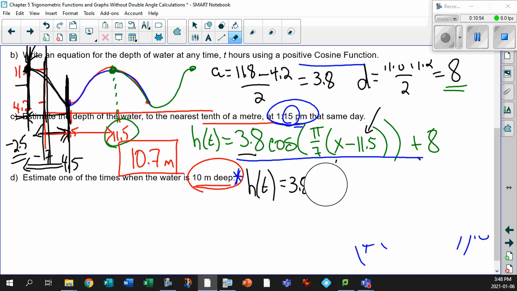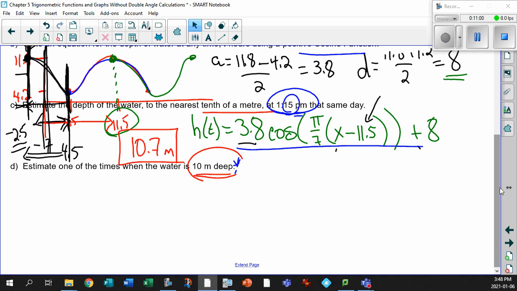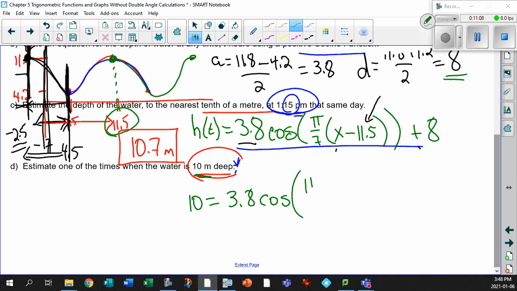Let's take this original question here. Remember, you've got a depth now. Your depth being, it says 10 meters. So your depth is 10 meters. There's your 3.8. There's your cos of your pi over 7, x minus 11.5, right? Boom, plus 8. Let's start solving this. Subtract 8 from both sides.